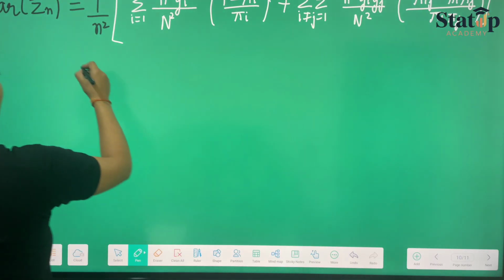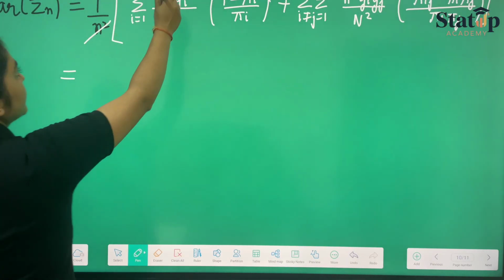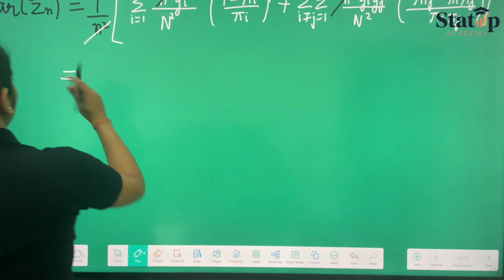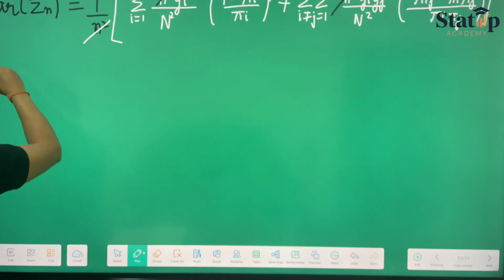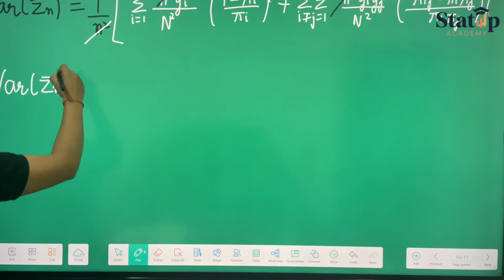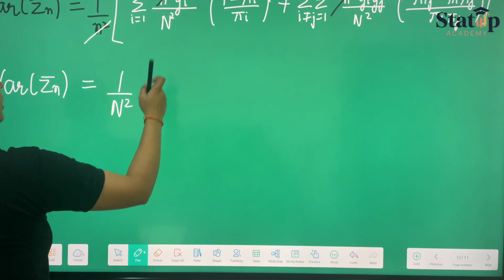Now we can see that we can take n² common from here, and here it gets cancelled, and we can directly write the final formula of the variance of the Horvitz-Thompson estimator, which is nothing but 1 upon capital N².